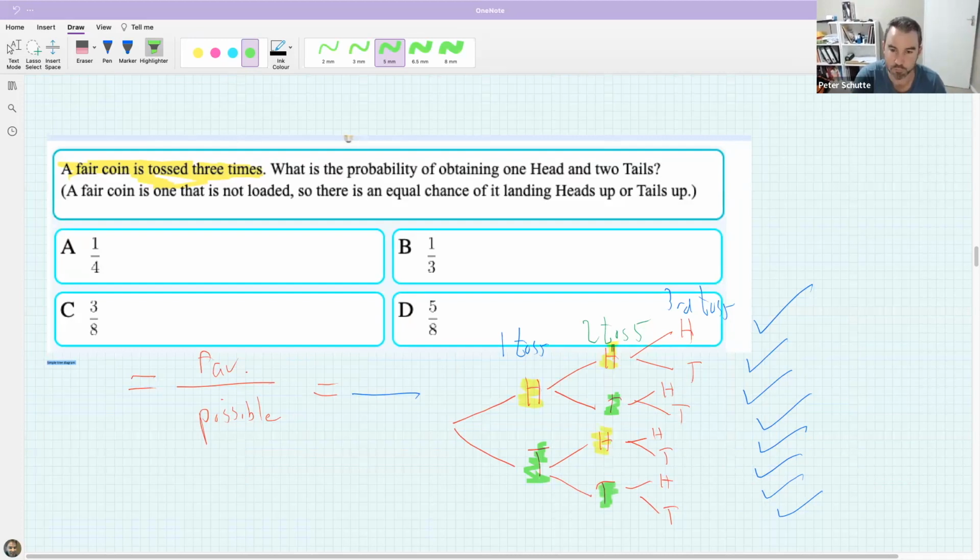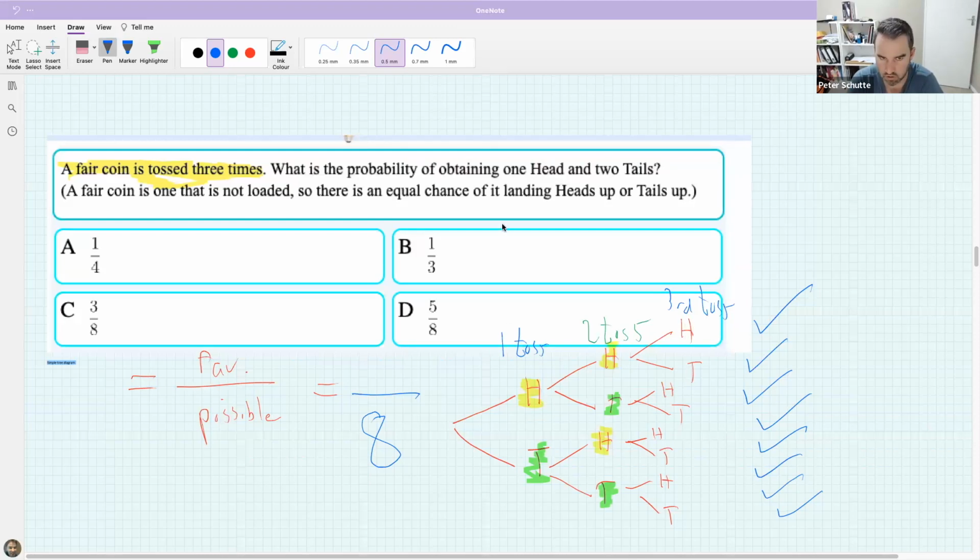So that gives me 4 options that are possible. Now I need to know if I have 3 tosses, how many options? Following the pattern, we should get 8 options. 1, 2, 3, 4, 8 possible options. So there are 8 possible options if you toss a coin 3 times.